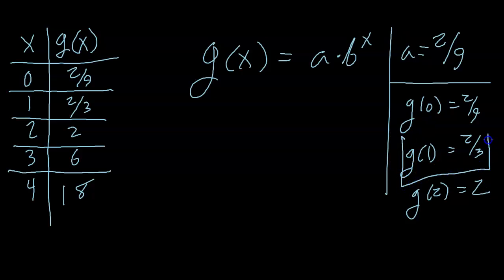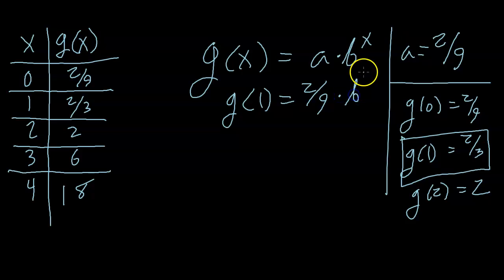Let's single out this fact. Let's single out g of 1, the fact that we know that g of 1 is equal to 2/3, okay? Well, we also know that g of 1 is equal to 2/9 times b to the first power, right? Because we know that a is 2/9, but we don't quite know b yet.